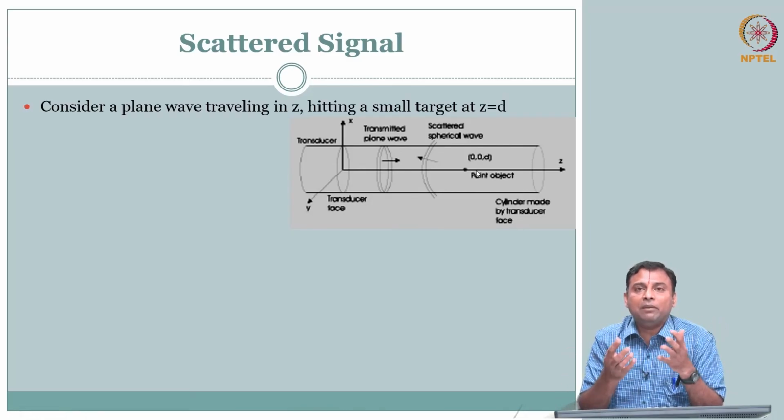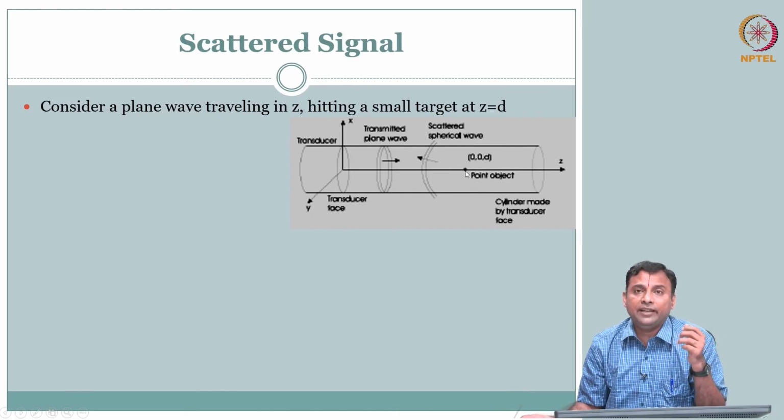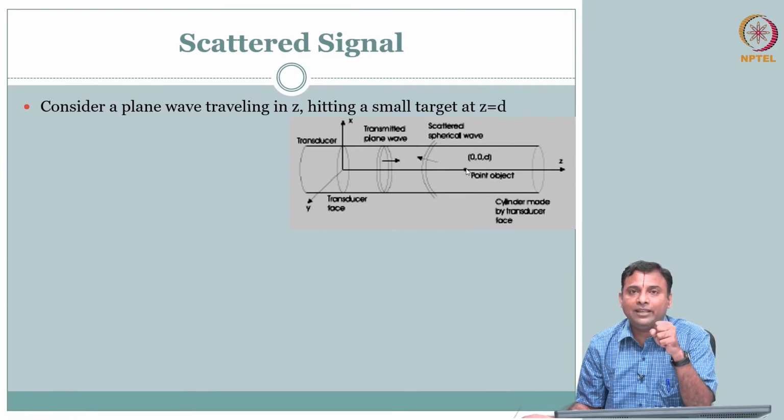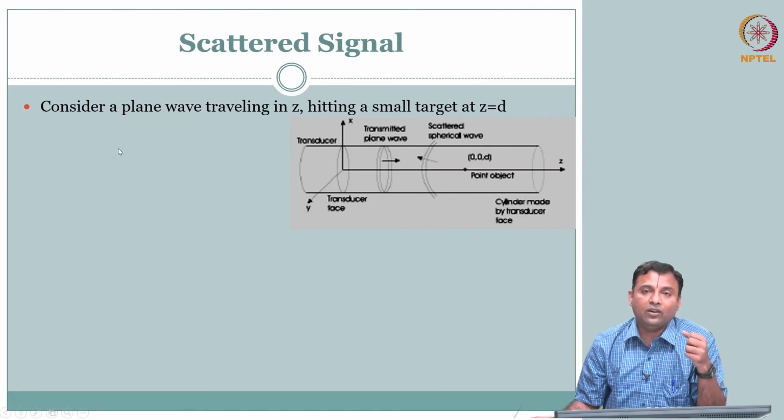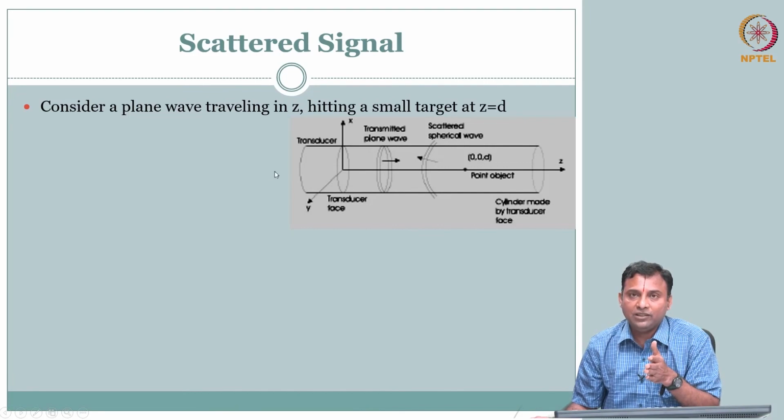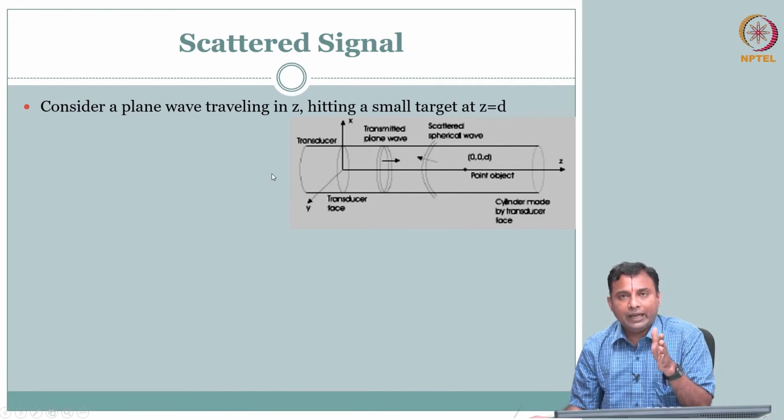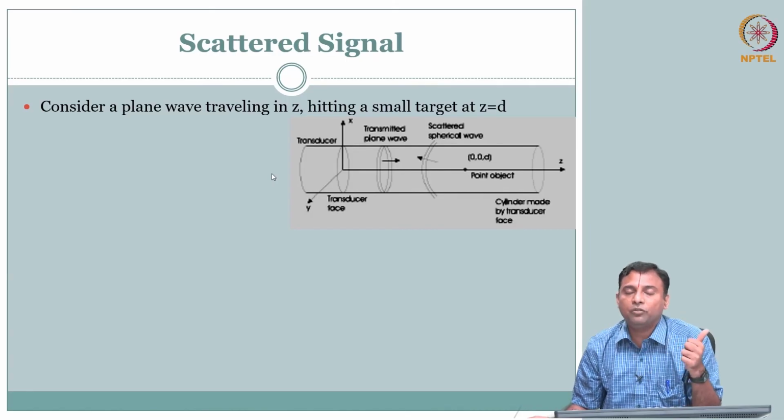How much of it is coming back? That depends on the reflection coefficient of that object, the impedance mismatch between that point object's material characteristic compared to the surrounding. So, we can write our plane wave equation, which we know, and our wave equation in spherical coordinates, which we also know from before. How do we relate those two?